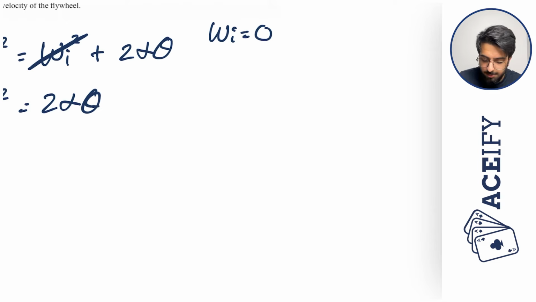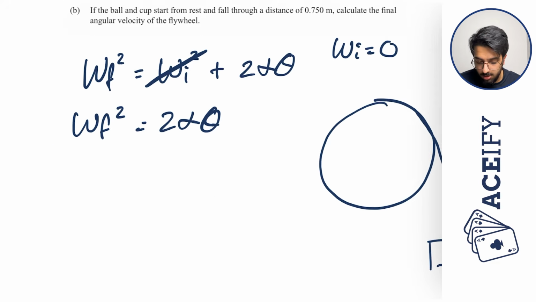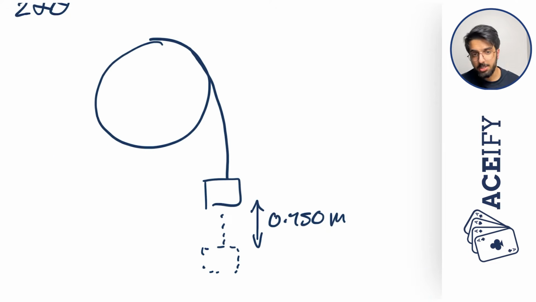Now theta, if we imagine our flywheel, and we have our cup here, and this is attached by a rope. If our cup travels, let's see, this distance right here is 0.75 meters. So it's gone down by 0.75 meters, which is what it says up here. We can imagine that the flywheel is going to rotate a certain distance, and this distance we can think of as an angle.